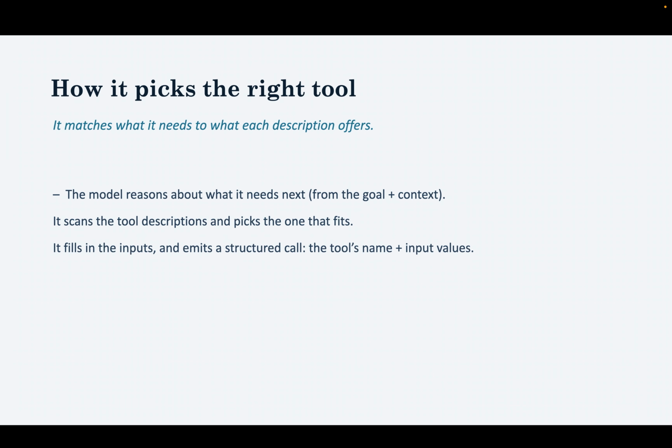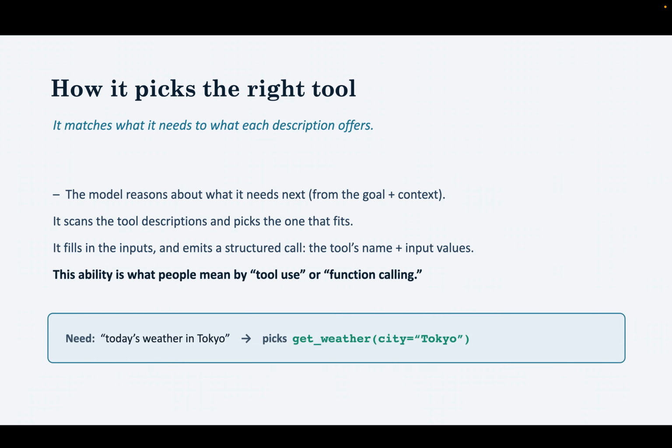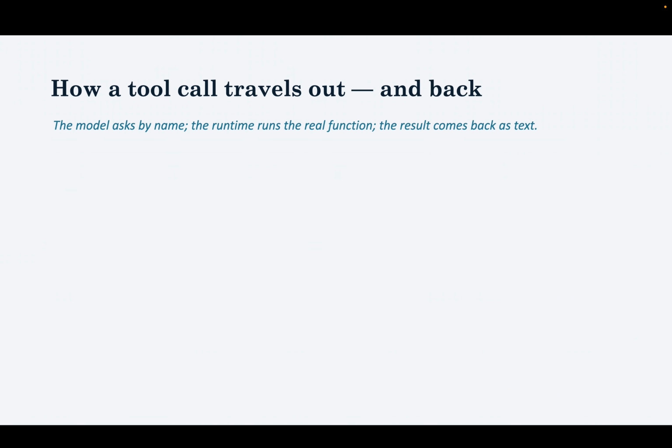It's very simple. You give it a prompt, like what your goal is, and then it decides based on the metadata which function is the most suitable. So the LLM will decide. For example, in the Tokyo example, you ask for today's weather in Tokyo, and then it picks get weather, and it knows what input it needs to give, so it gives the input city as Tokyo.